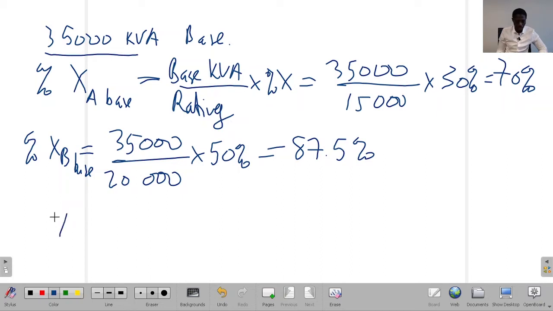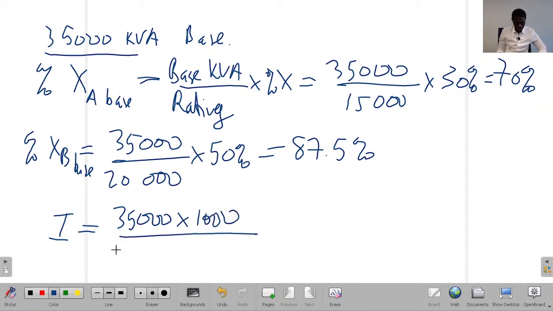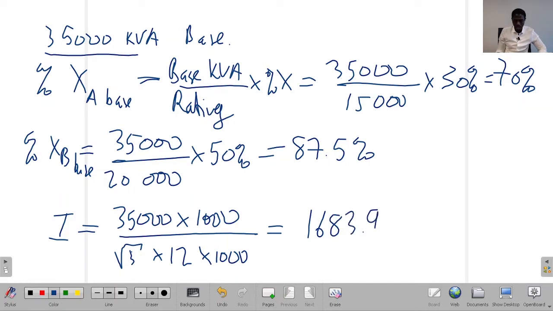So our current is going to be equal to the chosen base kVA rating, 35,000, multiplied by 1,000 over, because we're taking it as a per phase analysis, root 3 times 12 kV, which is the voltage rating, multiplied by 1,000, and then we get our current to be 1,683.94 amps.